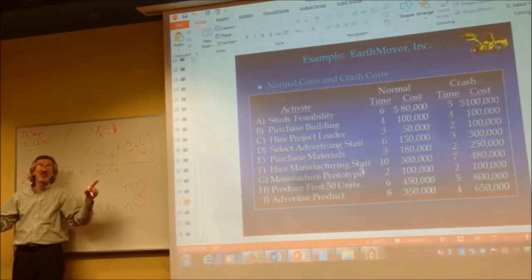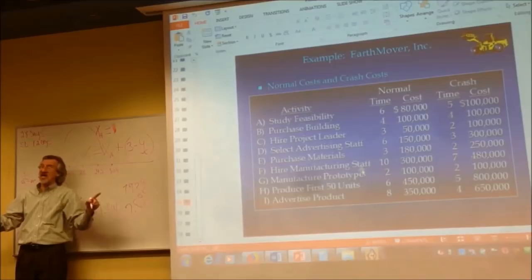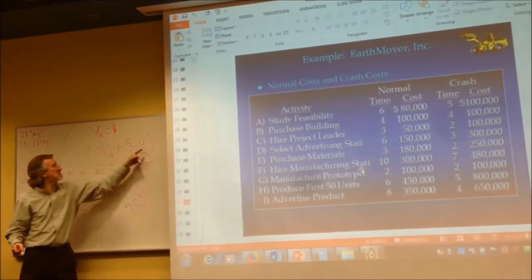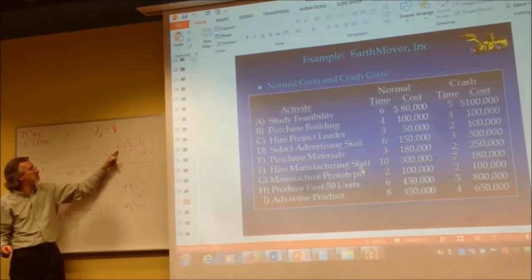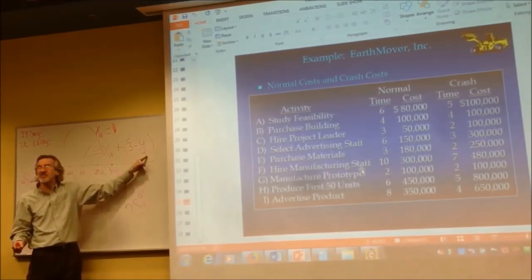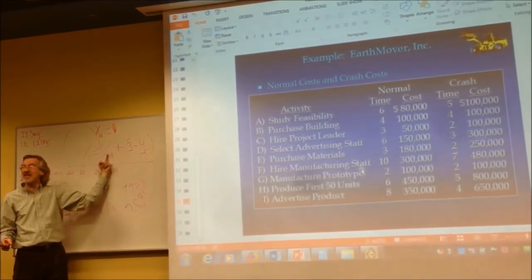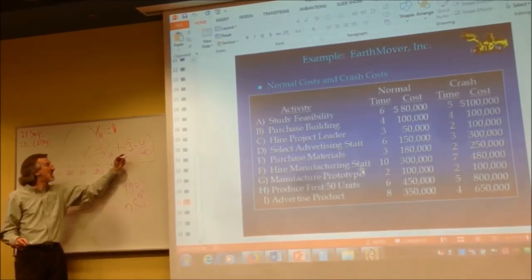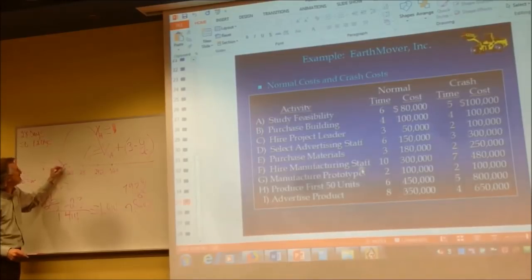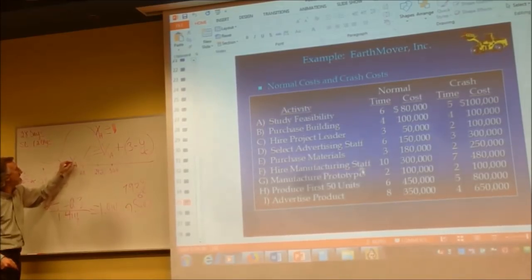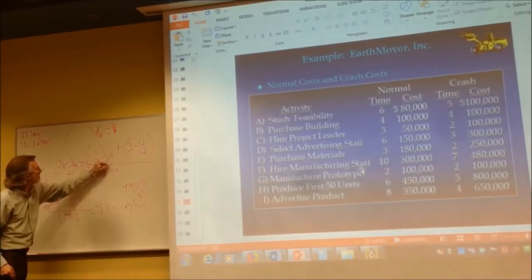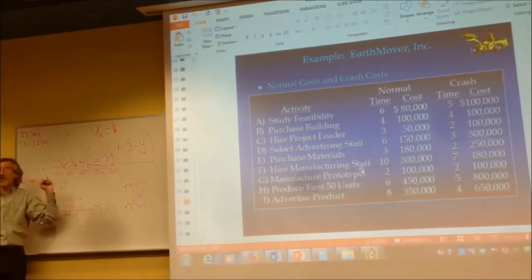You've got to use algebra to get your variables to one side, left side in this case. So if I take the parentheses out of there, I got x sub a plus 3 minus y sub c. I'm going to subtract x sub a on both sides, and I'm going to add y sub c on both sides. So I get x sub c minus x sub a plus y sub c greater than or equal to 3, and now it's done.